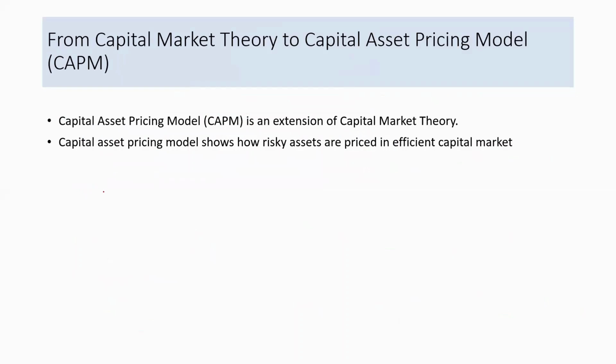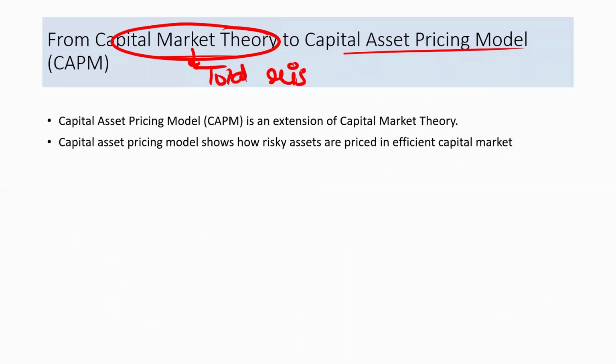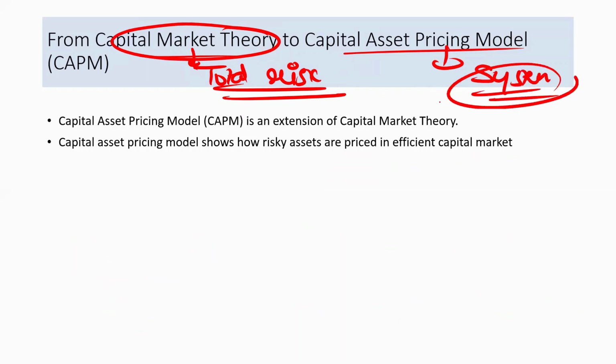Now we have moved on from capital market theory to CAPM. The major difference is only that capital market theory considers my total risk, and the capital asset pricing model considers only my systematic risk.